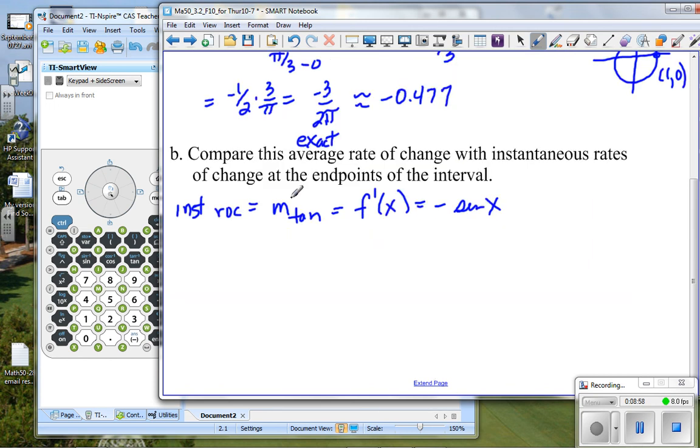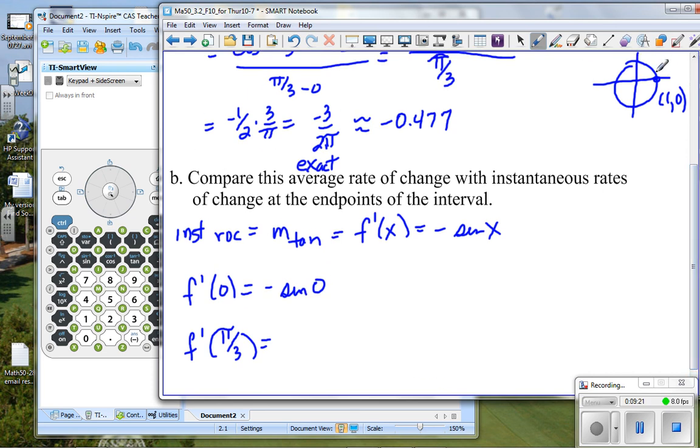It says at the endpoints, so we're going to want to determine the derivative at 0, and then the derivative at pi divided by 3. Well, if we look at the derivative at 0, we have the opposite of the sine of 0. Go back to our unit circle. At 0 degrees, sine is 0, so this is just 0.